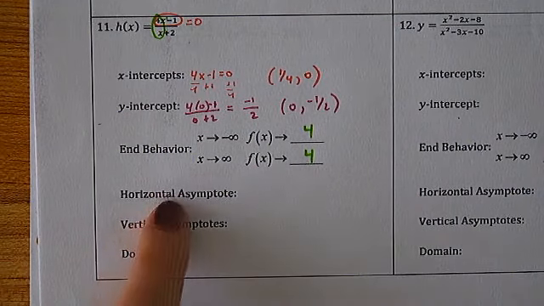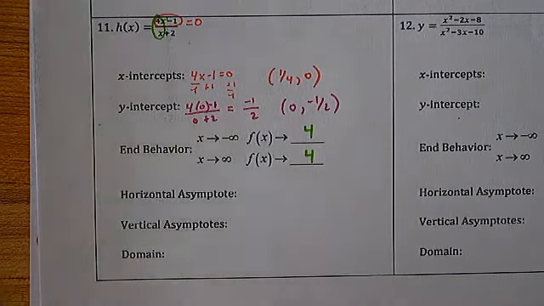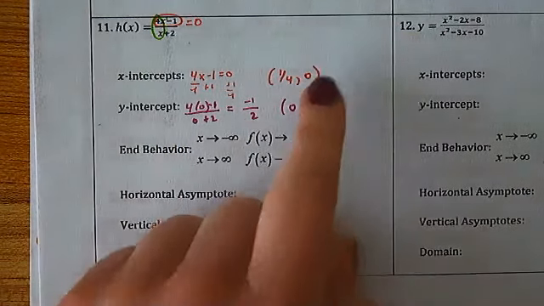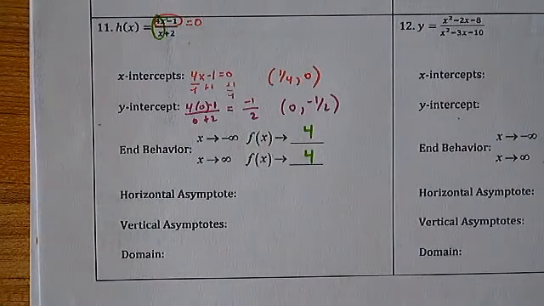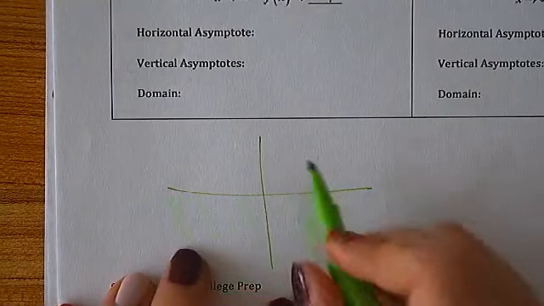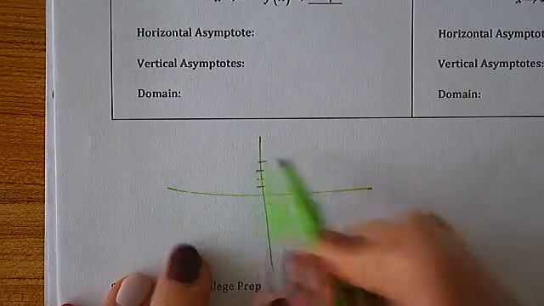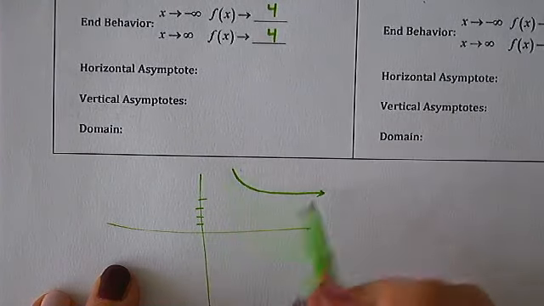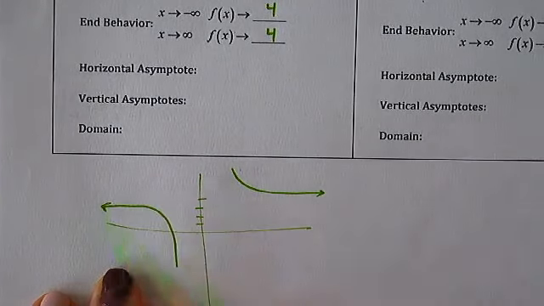And then new to us, horizontal asymptote, that actually mimics the exact same thing as the end behavior. So if your end behavior is approaching 4, it would look something like the ends come down. Like this guy might be approaching 4, and then this guy might be approaching 4 this way.